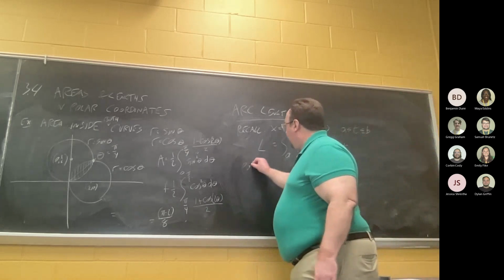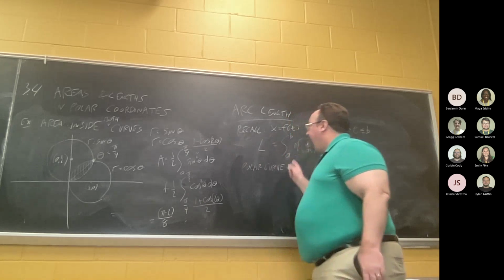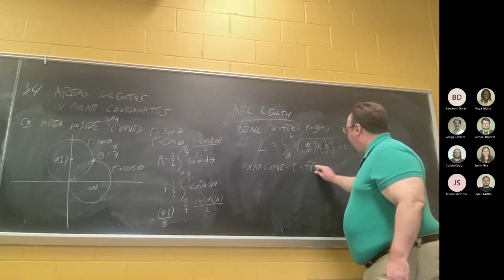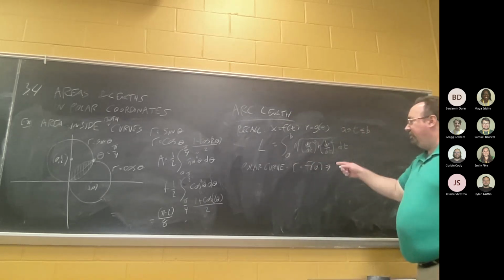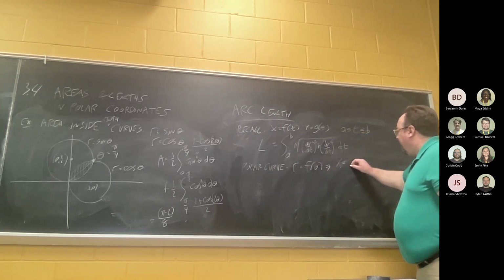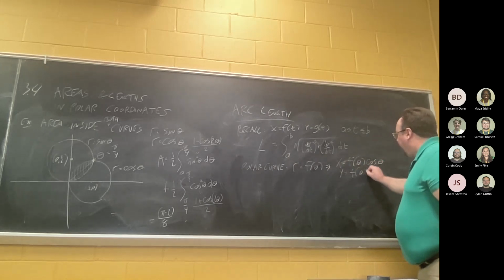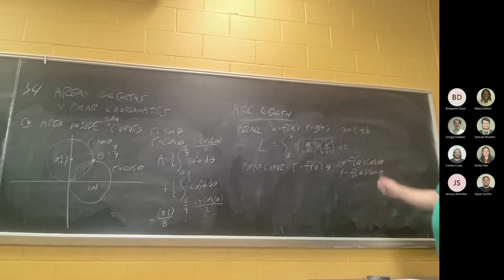Now for a polar curve, to get the arc length of that, we could just use this, because if you have r equal to some function f of theta, then we can write this directly as a parametric curve. x is f of theta cosine theta, y is f of theta sine theta, and I could take the derivatives of these with respect to theta and just plug them in here, and I'm done.